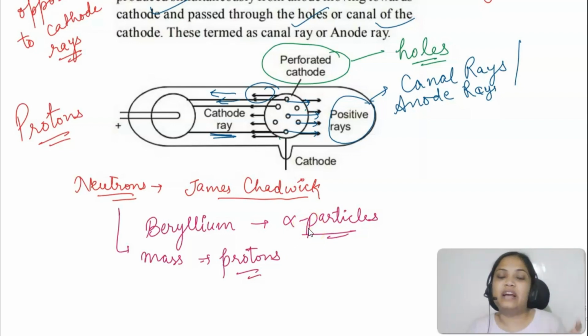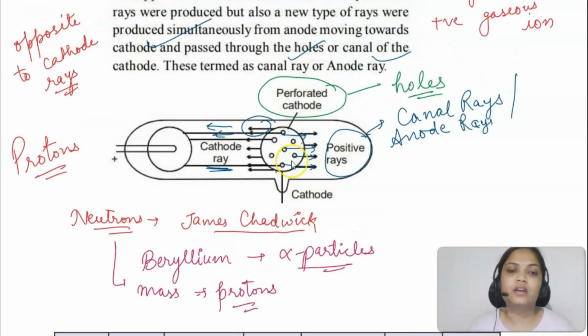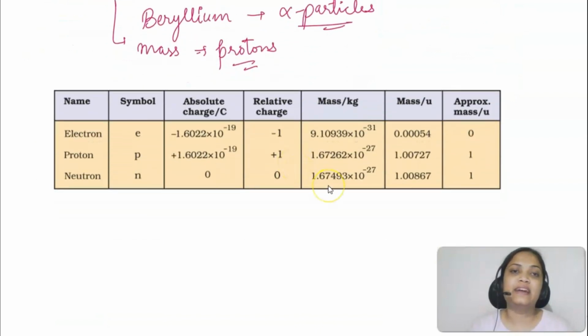Okay. We have studied the cathode ray tube experiment, which was important, right? So now, students, if I talk about the characteristics of these particles, I have a table for you. Here you can see that we are having these three subatomic particles, electrons, protons and neutrons.